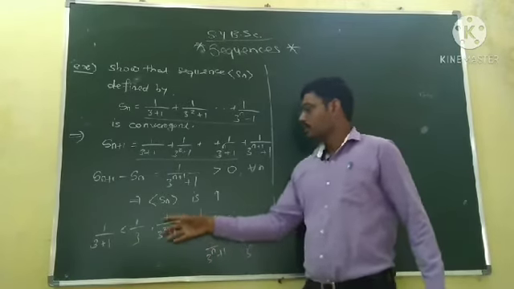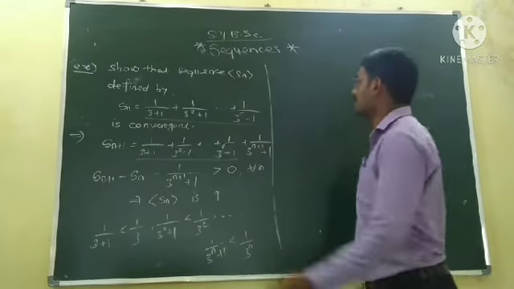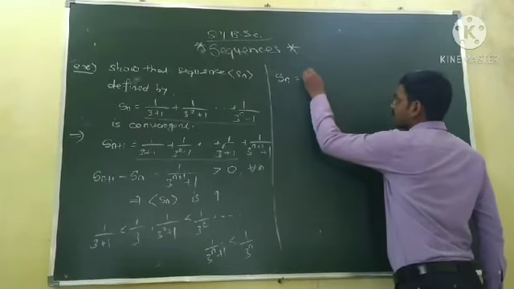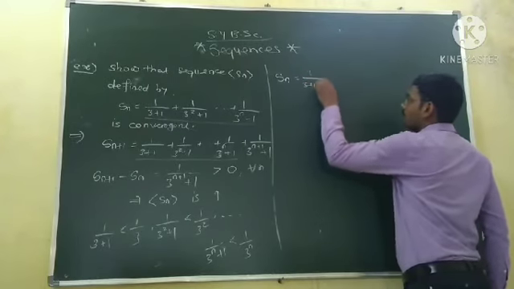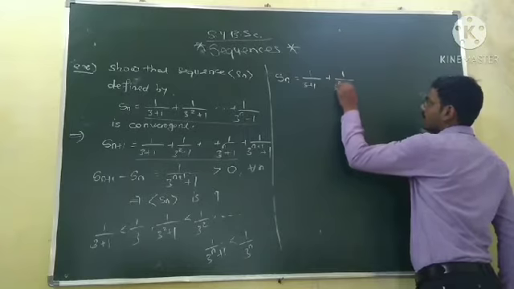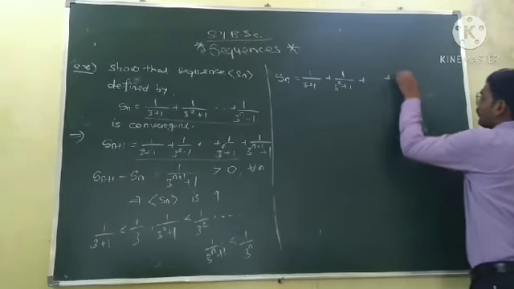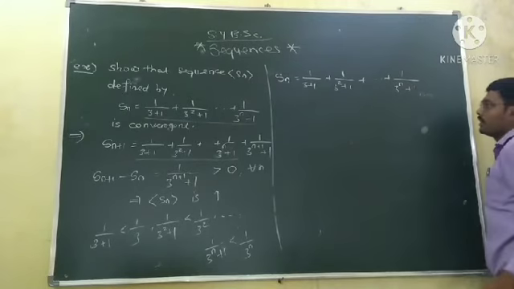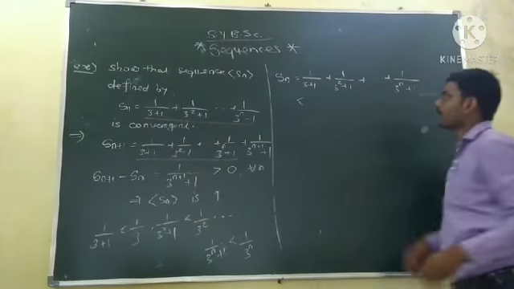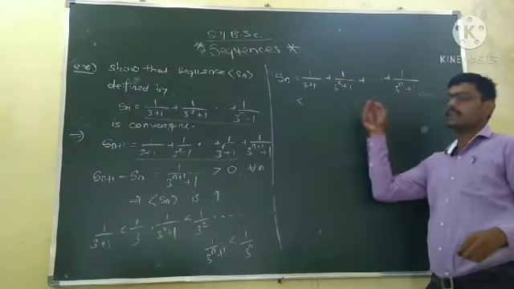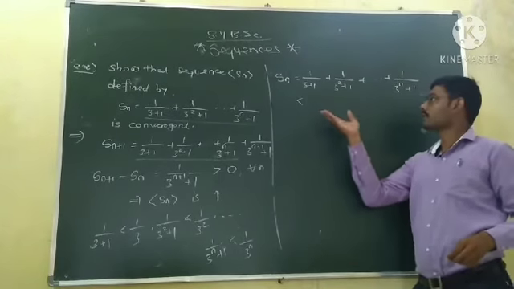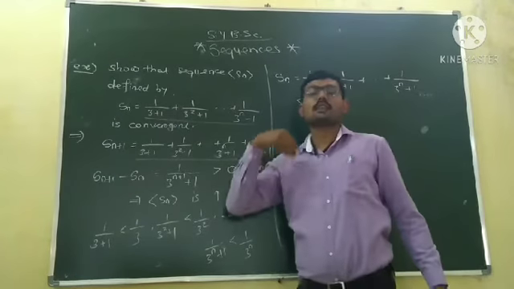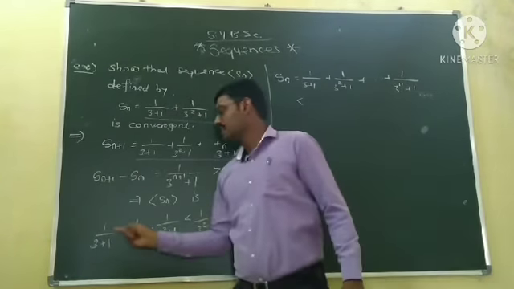Okay, so using these observations, we can say the sequence Sn, whose terms are 1 upon 3 plus 1, 1 upon 3 square plus 1, up to 1 upon 3 raised to power n plus 1, is obviously less than... just replace these numbers by terms higher than the original terms. So replace 1 upon 3 plus 1 by the term greater than it, 1 by 3, which is greater than 1 upon 3 plus 1.